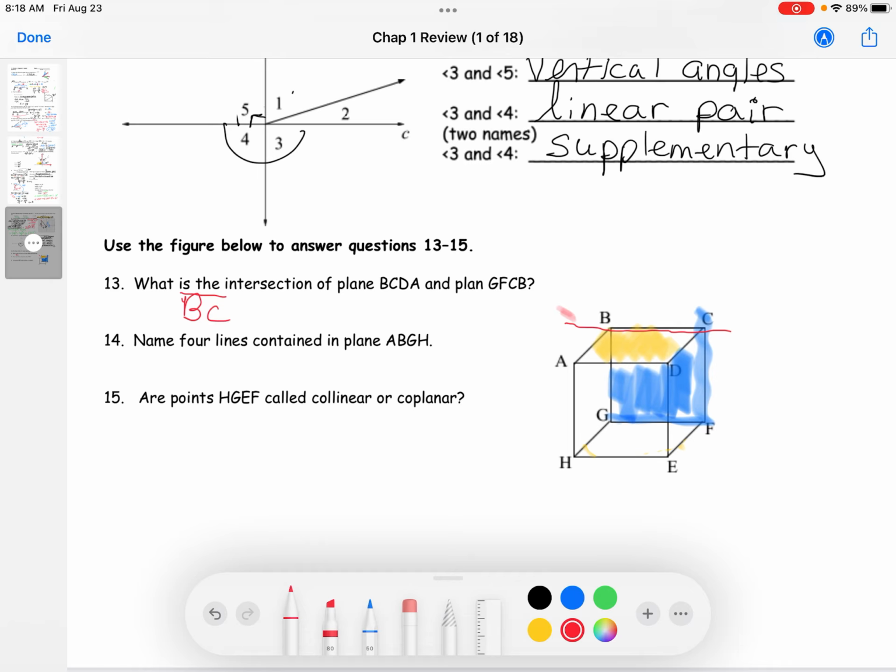Okay, name 4 lines that contain the plane ABGH. Let's erase all this. ABGH is the side of the box. And I'm going to basically get all the segments that go around it. So AB is one of them.